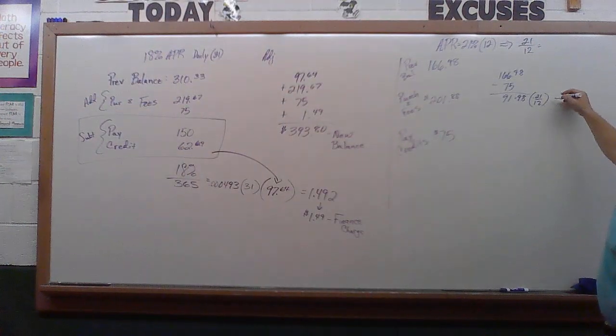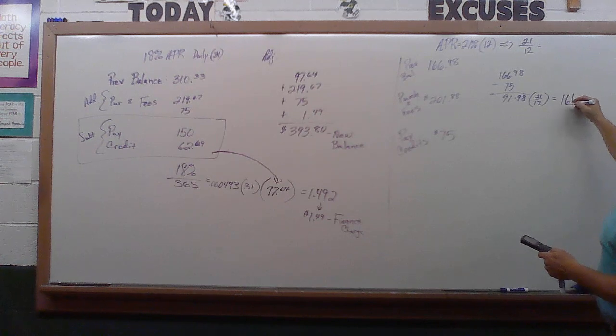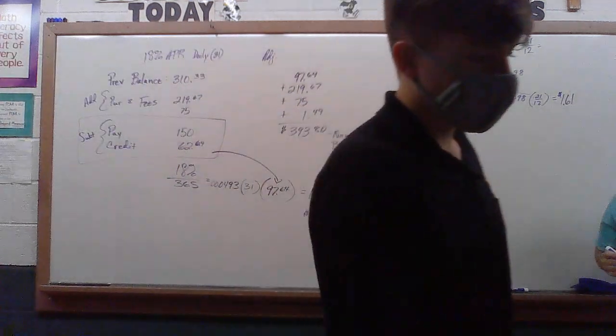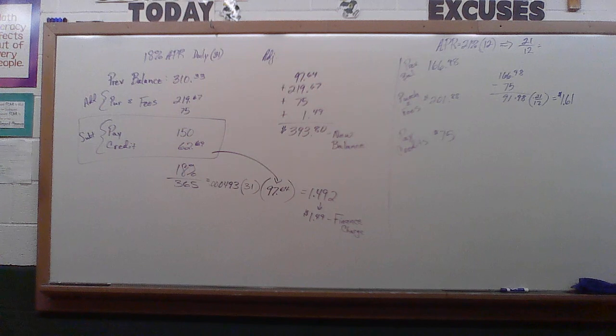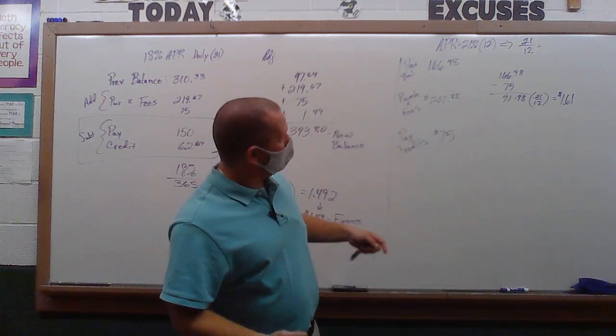So then if you punch those 2 things in, you get your finance charge. I never know how to round it. This answer you can round. I got $1.61. Everybody get that? Okay. So then now it says to find your new balance.